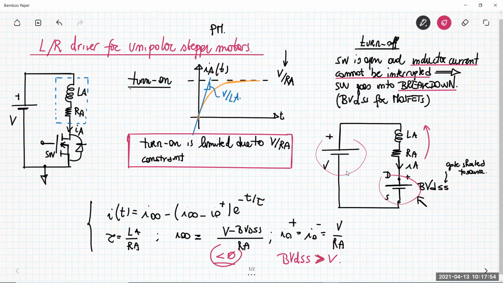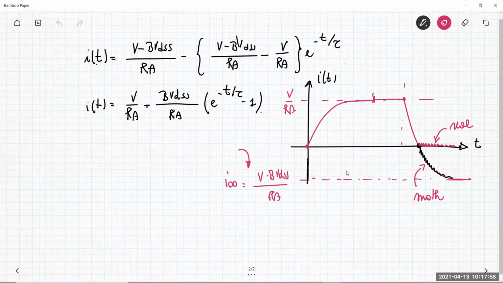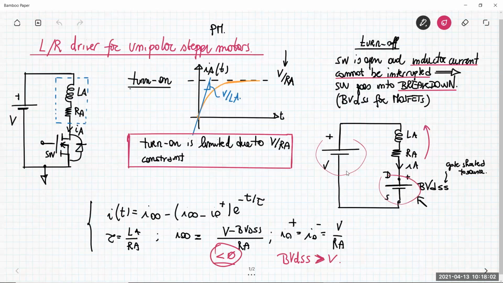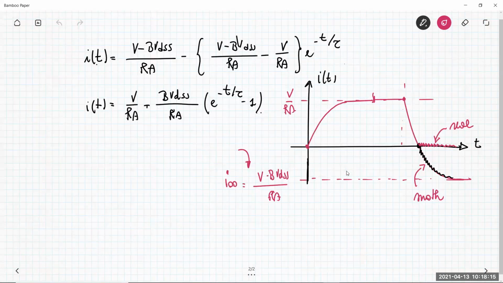No, this is negative, because this is exactly what happens. The breakdown voltage should be larger. If you choose a MOSFET with a breakdown voltage which is less than the voltage V, of course, this MOSFET is destroyed. So the breakdown voltage should be larger than the voltage V you have to apply on the external side. So this is correct, this is negative, and that is the situation.